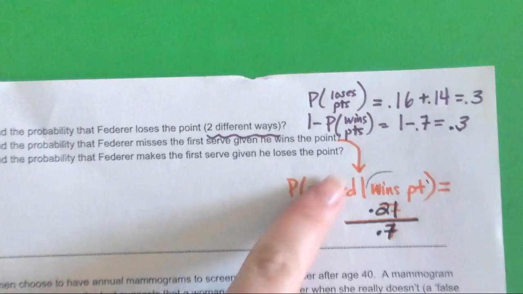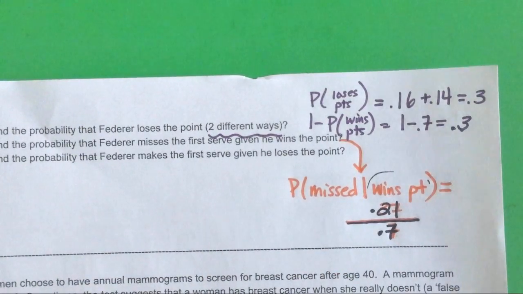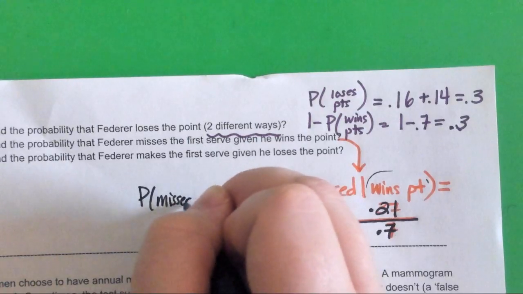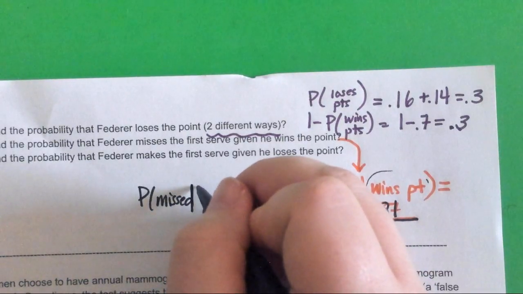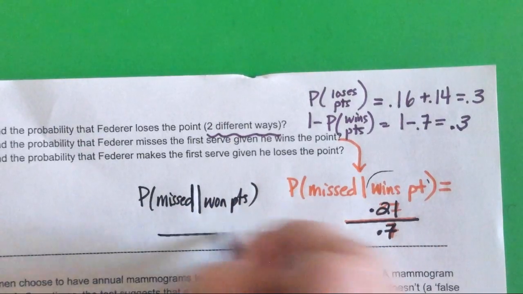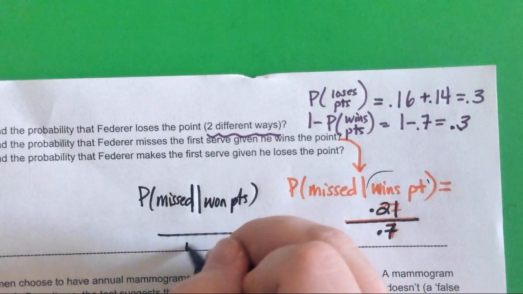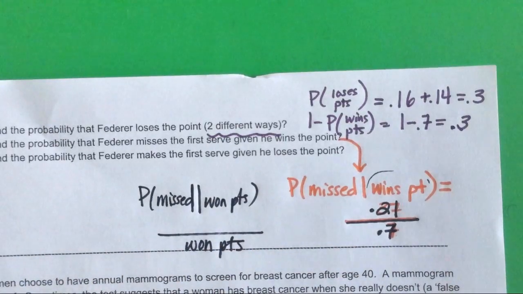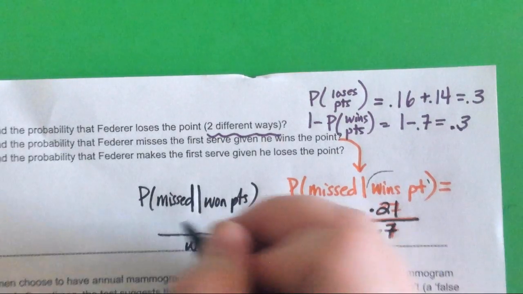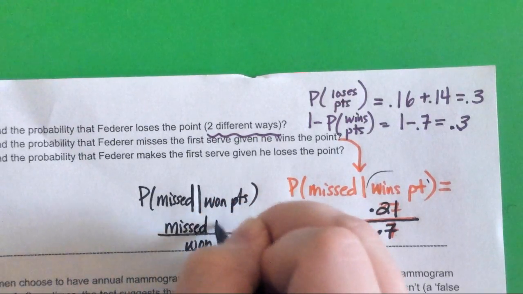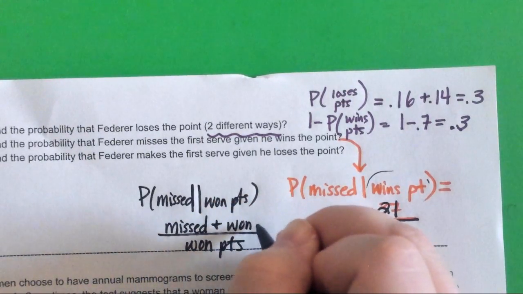So again, this formula you don't have to memorize, but what we're looking for is the probability of missed given he wins points. You're going to have to put in the denominator the probability of him winning points. So everyone's cool with the 70%, because 70% of the time he wins points. But in the numerator, you have to put the probability of missed and wins points.